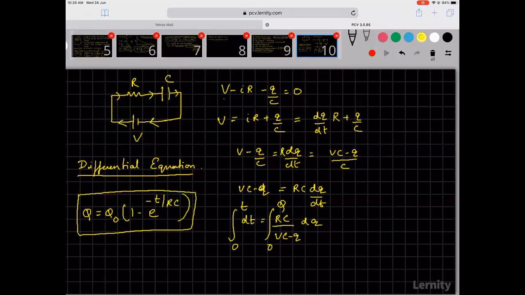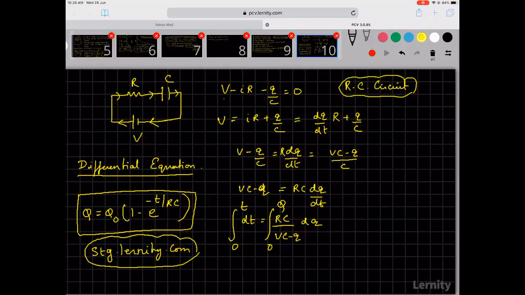And I told you also that in stg.learnity.com, there is a video which will explain all these things. So this is what is called an RC circuit. If you have missed what happened yesterday, go to that particular video, where everything is explained in a neat manner.